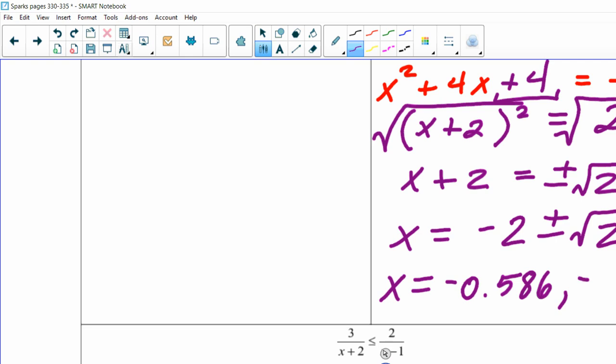Negative what? Ladies and gentlemen, those are your critical numbers.